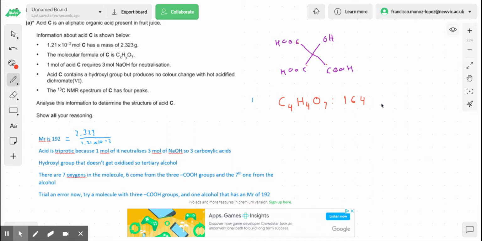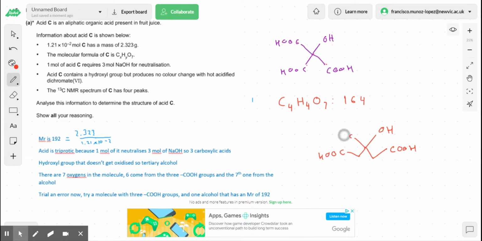Okay, so we need to add 2 CH2 groups, so we start with the same thing, tertiary alcohol. Okay, and now we have, instead of putting the carboxylic acid here, a CH2 group there, then carboxylic acid. We needed 1 more CH2 group, so maybe here, and now carboxylic acid.